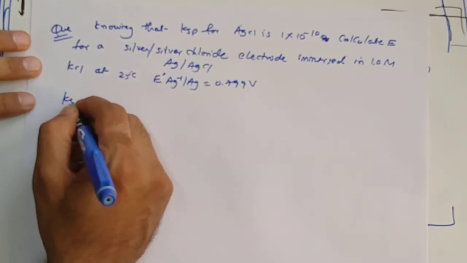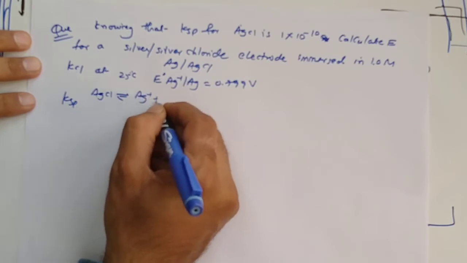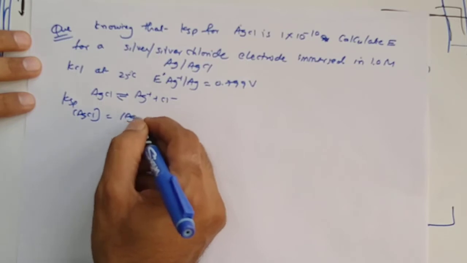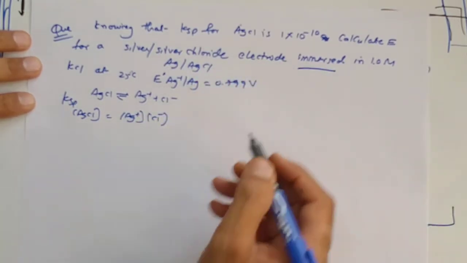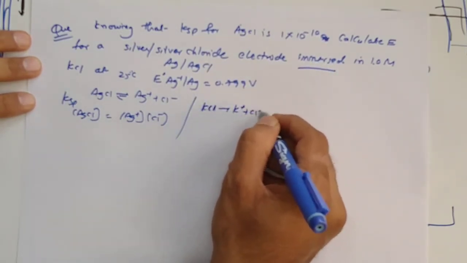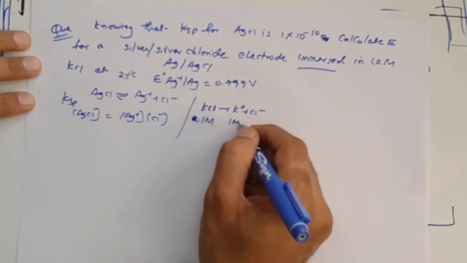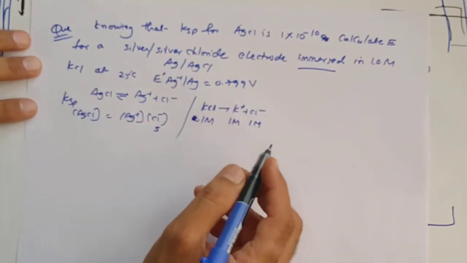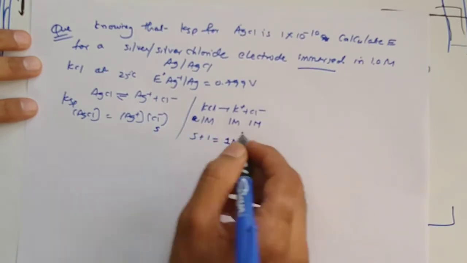Now first of all, AgCl is sparingly soluble. So KSP of AgCl will be Ag plus into Cl minus. It is immersed in 1 molarity KCl. KCl is a strong electrolyte, so 1 molarity gives 1 molarity K plus and 1 molarity Cl minus. S is a very small, negligible value, so S plus 1 is equal to 1.